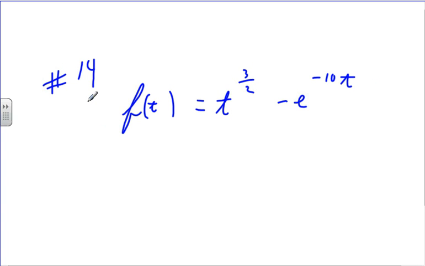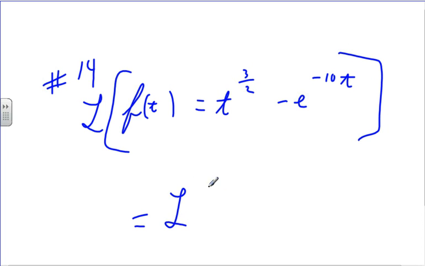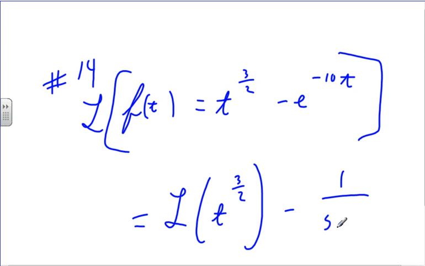Well, I want the Laplace transform of that. So I need the Laplace transform of t to the 3/2 minus 1 over s plus 10. Okay, because I took that right off my table. I didn't have to do anything with that.